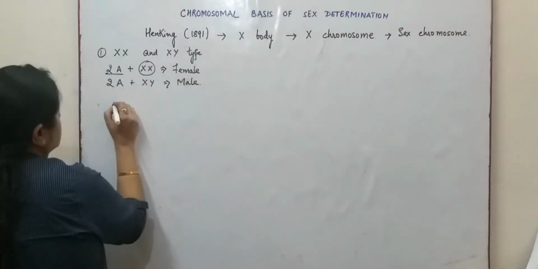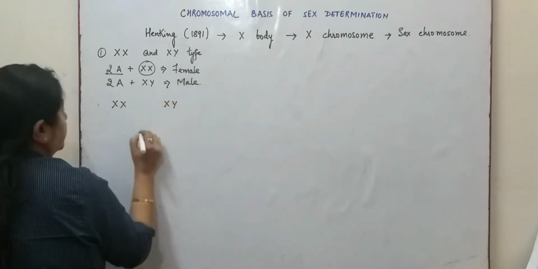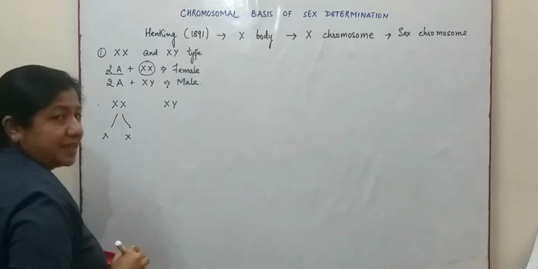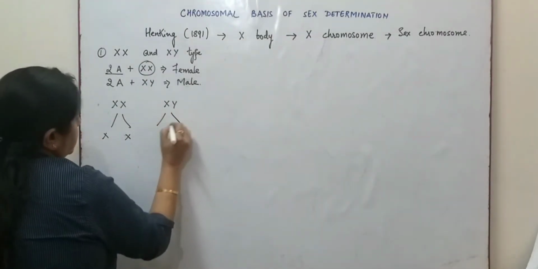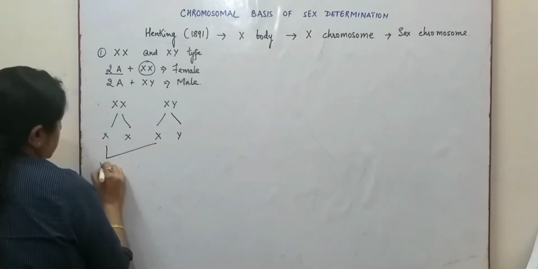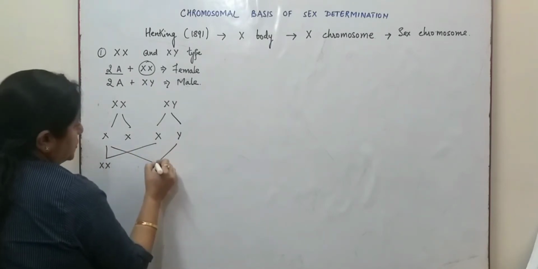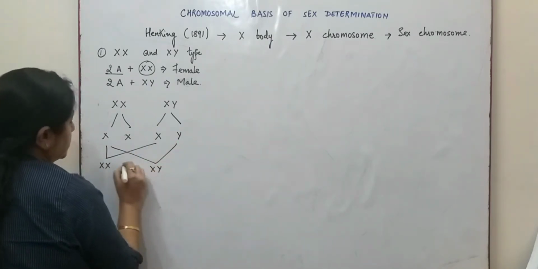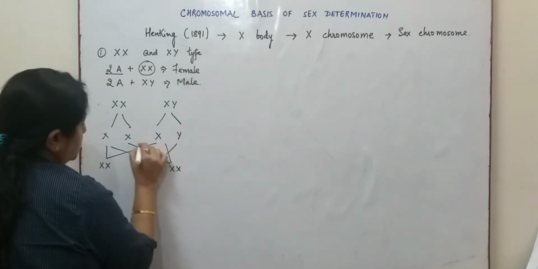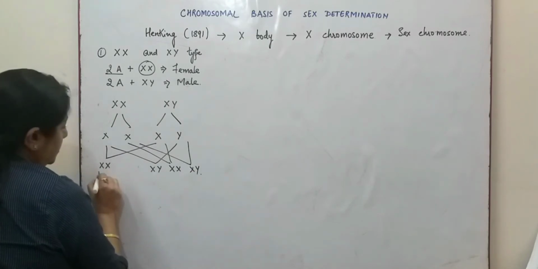During the formation of the gametes, the female will form X and X gametes, whereas the male will form X and Y, and during their crossing over, it will result in progeny which will be 50% male and 50% female.